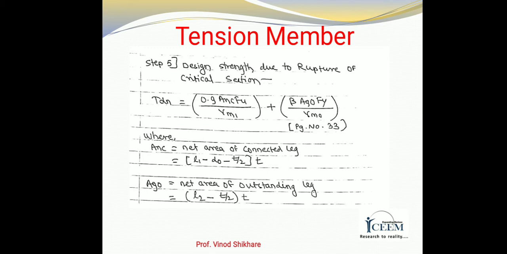For single angles, the rupture strength of an angle connected through one leg is affected by shear lag. The design strength TDN as governed by rupture at net section is given by TDN is equal to 0.9 ANC Fu divided by rho m1 plus beta A0 Fy divided by rho m0.